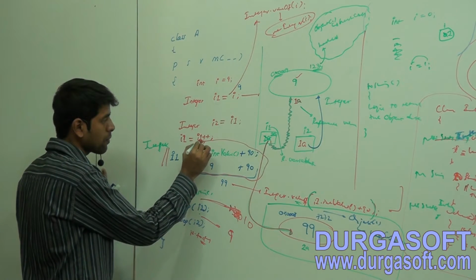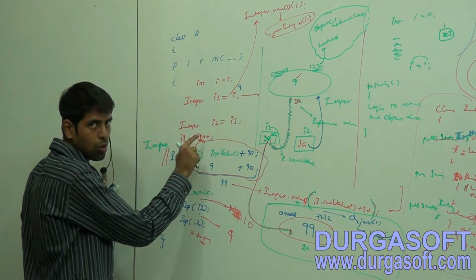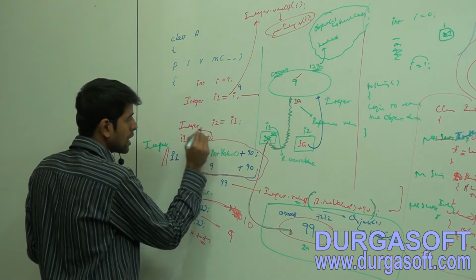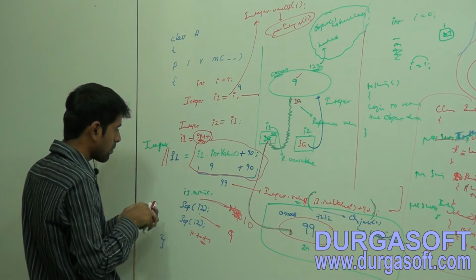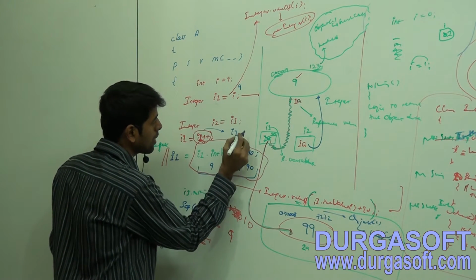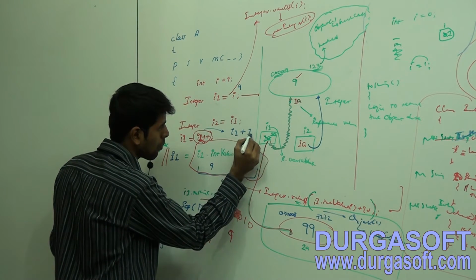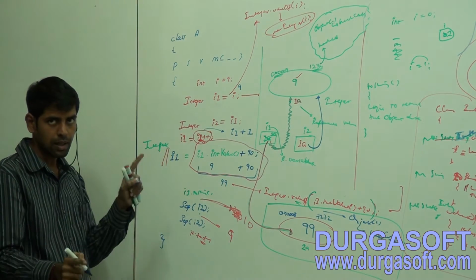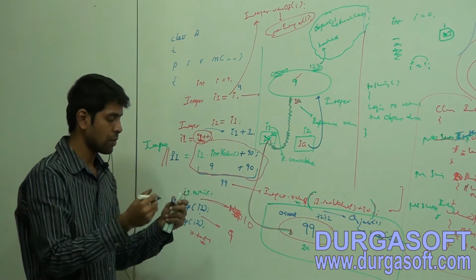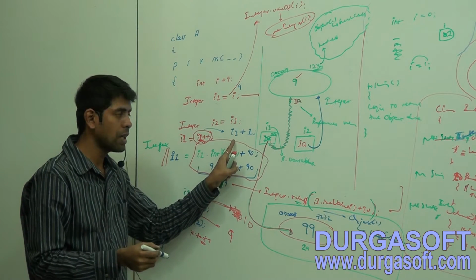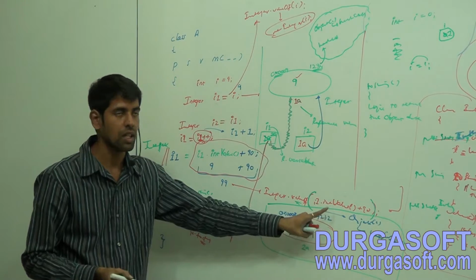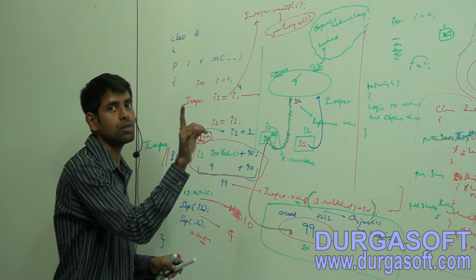Observe here. What is this code's equivalent expression? I1 plus 1. Now observe the same thing. I1 will be converted by autoUnboxing, and it will add 9 plus 1, 10.